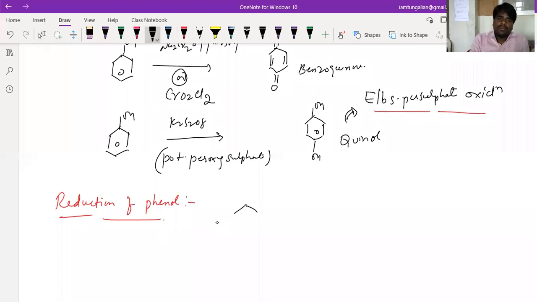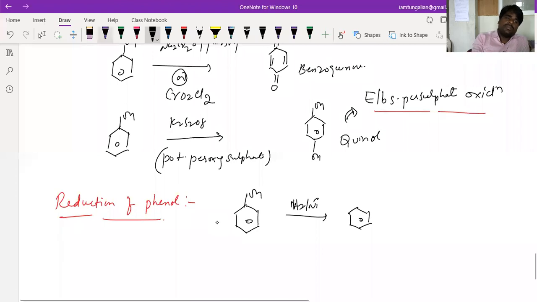If phenol is reduced by hydrogenation in the presence of nickel, it will be converted into cyclohexanol.